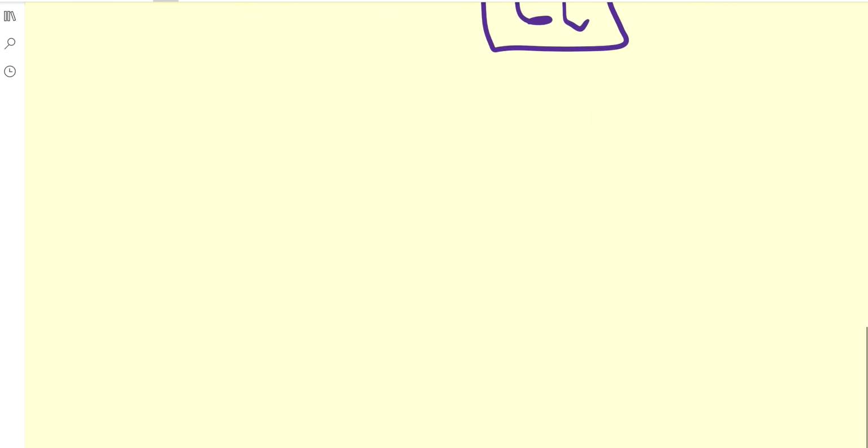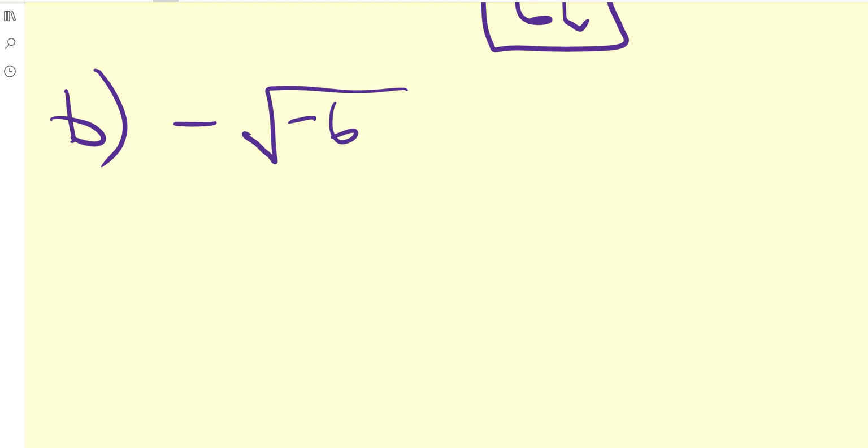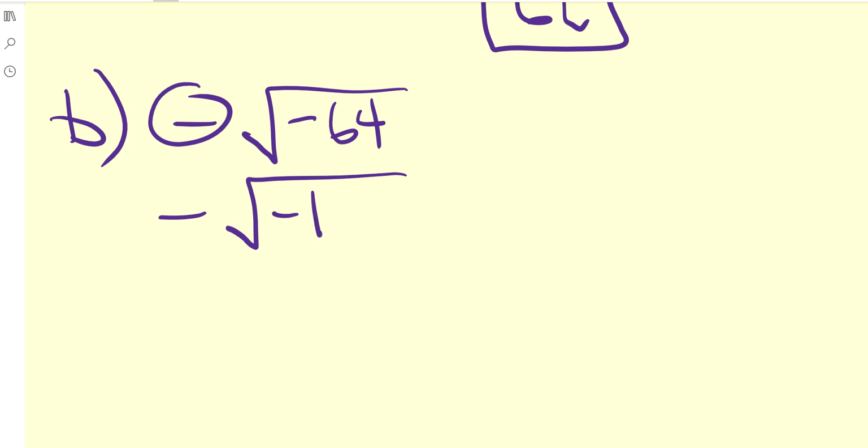Okay, look at B. I've got a negative on the outside, and the square root of negative 64. Again, it's going to be negative; this negative is just brought down. And then here I've got the square root of negative 1 times 64.